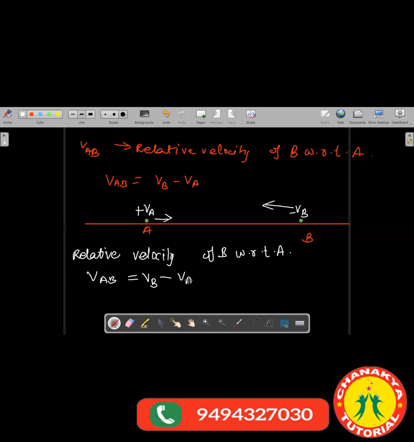But we have VB also as negative velocity. So this should be equal to minus of VB and VA. So you will have minus of VB plus VA.